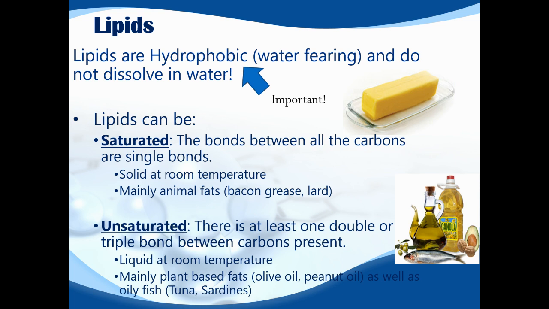They are solid at room temperature, mainly animal fats like bacon grease and lard. Unsaturated lipids have at least one double or triple bond between carbons. They are liquid at room temperature, mainly plant-based fats like olive oil and peanut oil, as well as oily fish like tuna and sardines.